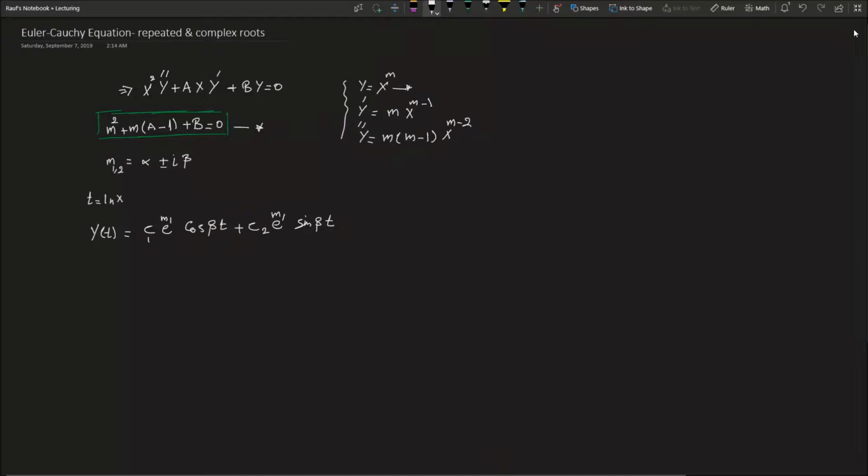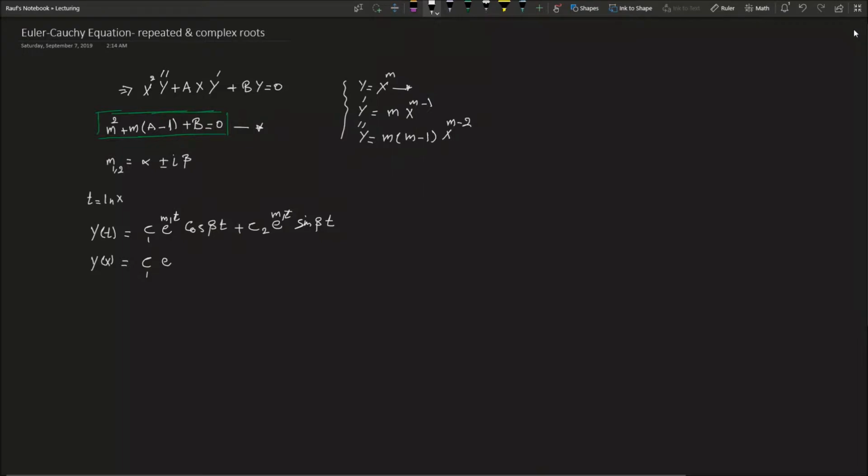And since t is assumed to equal ln of x, in this case y of x will equal c1 e to the power of m1 multiplied by t, and multiplied by t in here as well. Apologize for that.